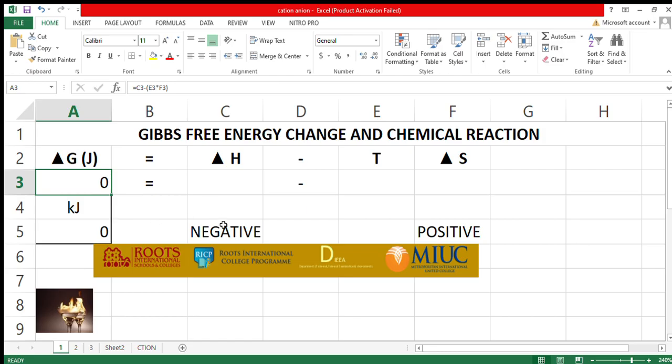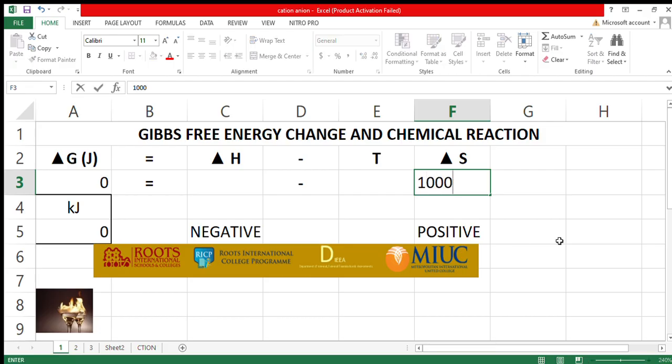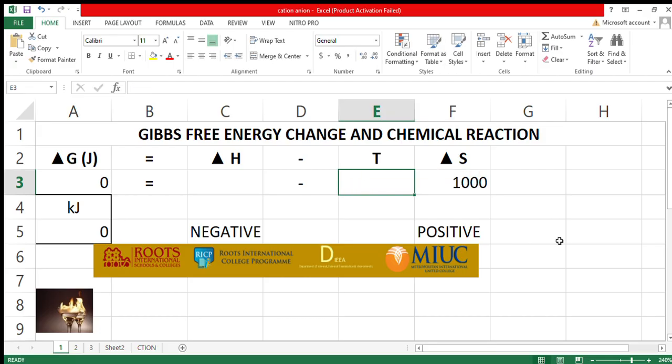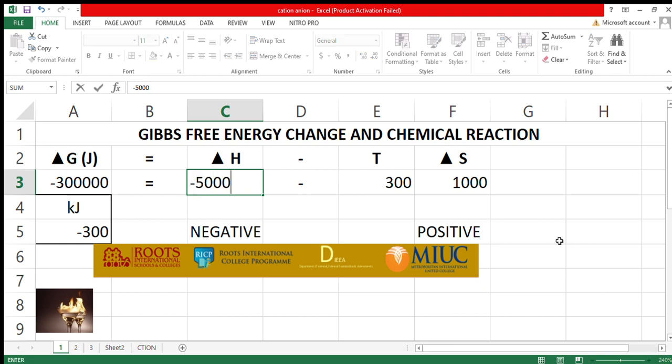So we take the first example in which delta H is negative and delta S, the change in entropy, is positive. For example, the change in entropy is 1000 and the reaction is taking place at 300 Kelvin, and the change in enthalpy is minus 50,000.